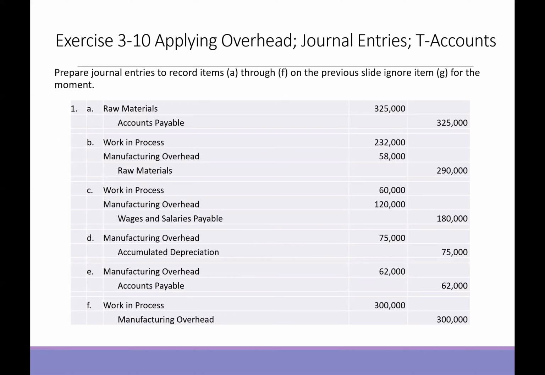The labor, they tell us exactly what's direct and indirect. Direct goes into work in process. Indirect labor goes into manufacturing overhead. And we credit our wages and salaries payable. Depreciation on manufacturing equipment goes into manufacturing overhead.